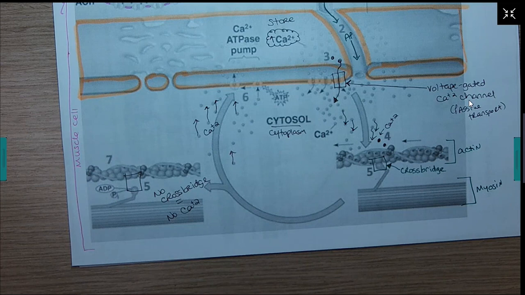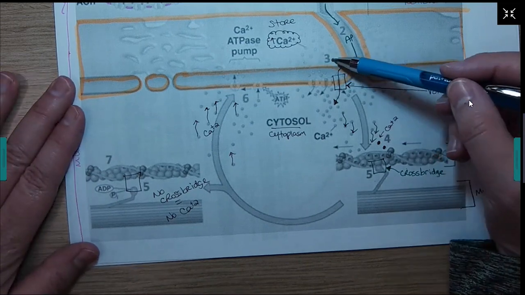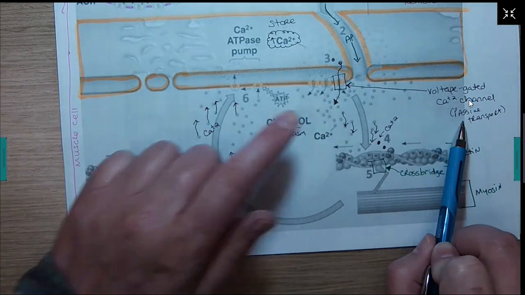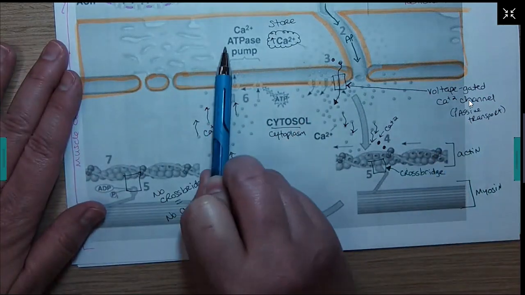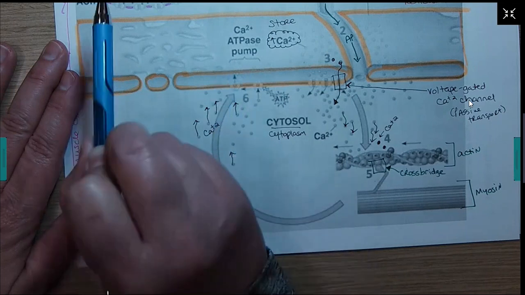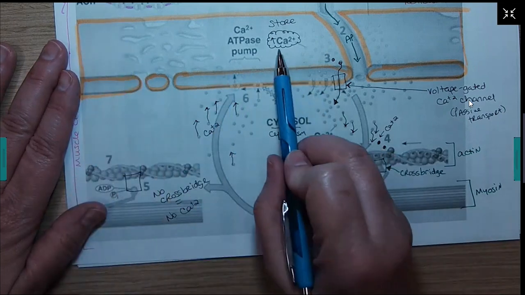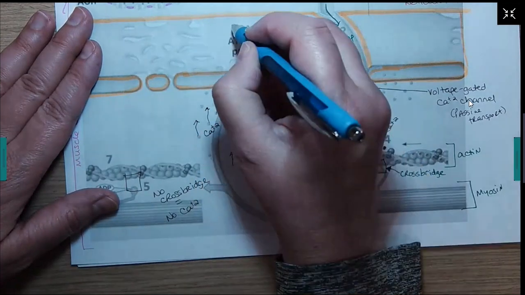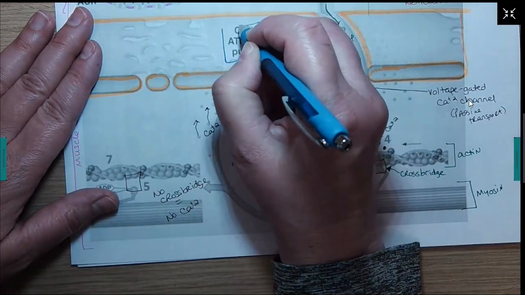So this one's a little bit trickier. Again, they came out through passive transport. They came out that voltage gated calcium ion channel through passive transport. But in order to put them back, we've got to push them back because they're going into an area of high concentration. So this little protein channel right here is called the calcium ATPase pump.